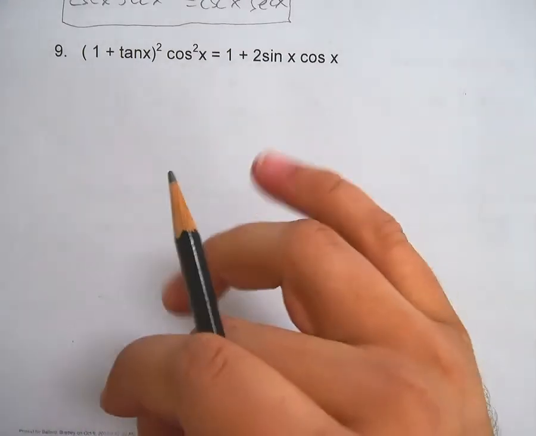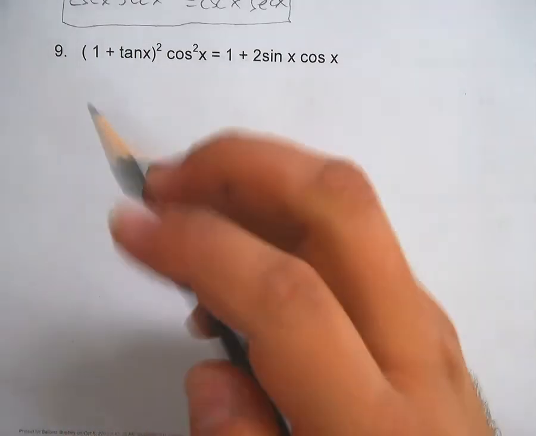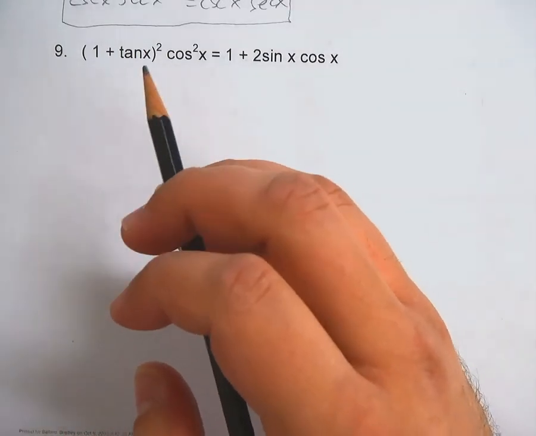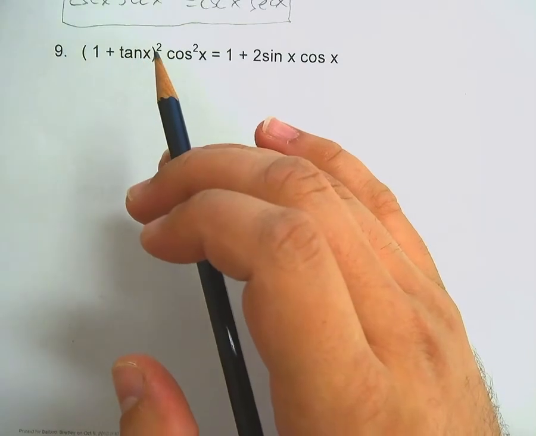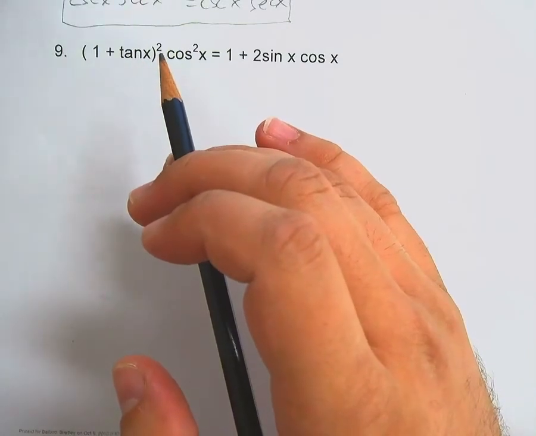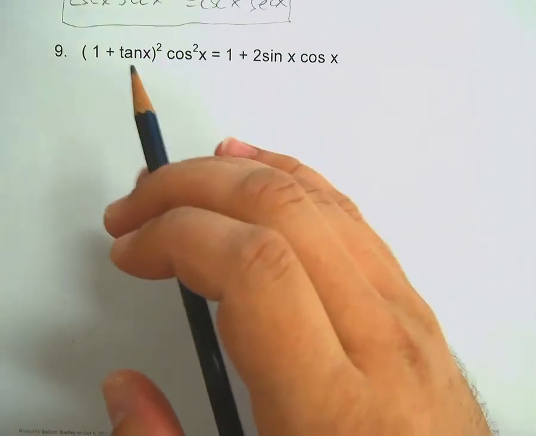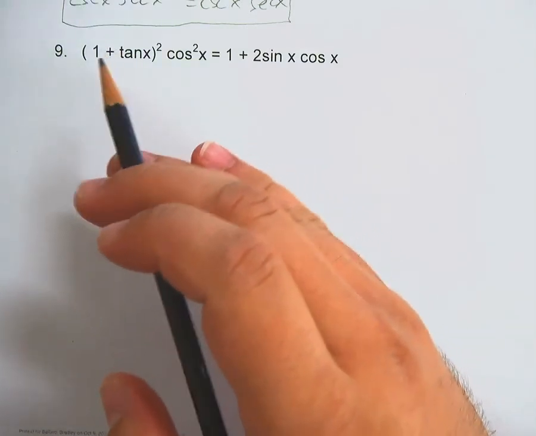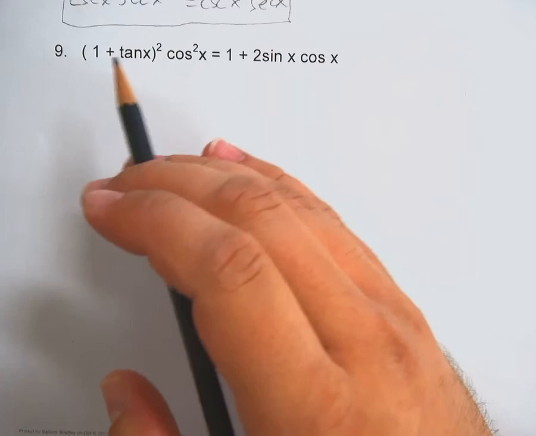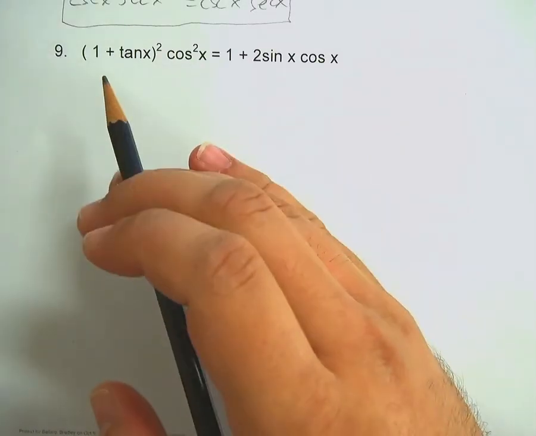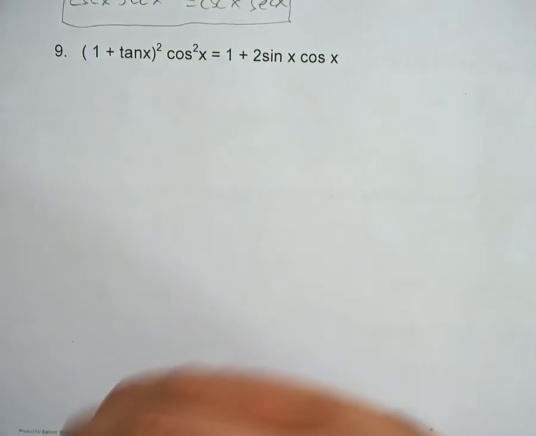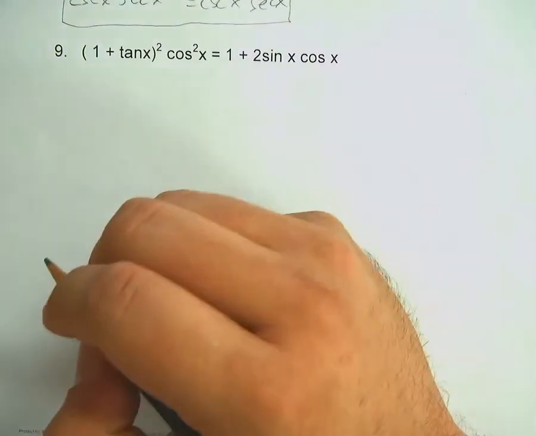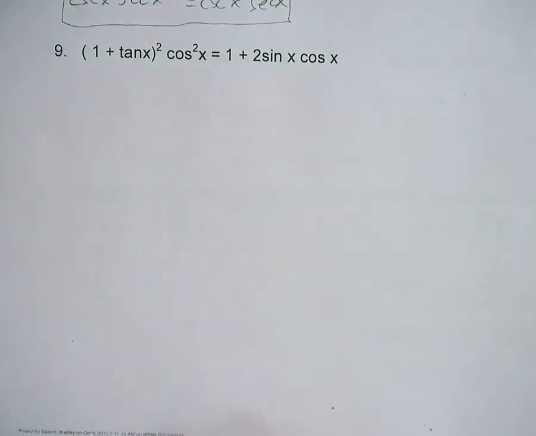Now number 9, the first thing I see when I'm on the left, it's 1 plus tangent x squared. Meaning that square means there's 1 plus tangent x times 1 plus tangent x right here. So the first thing I'm going to do is multiply them guys out. Forget cosine for a second. I'm going to save you some time.